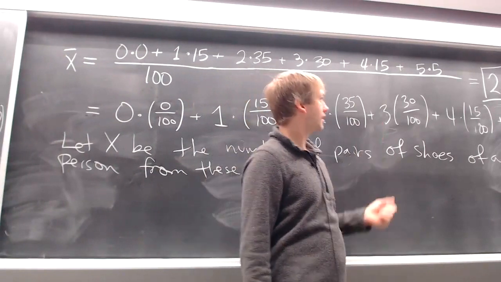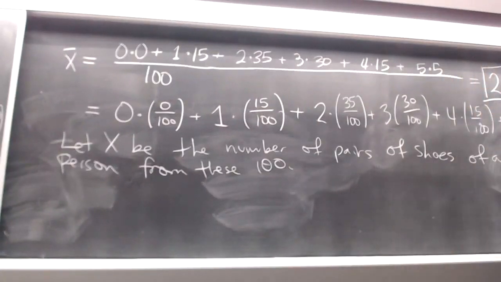And this formula is not a coincidence. The average number of shoes in this example is equal to the expected value of this random variable, which would be E of x, the expected value of x.